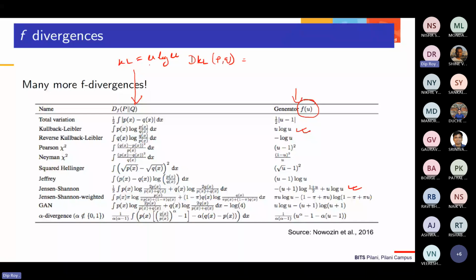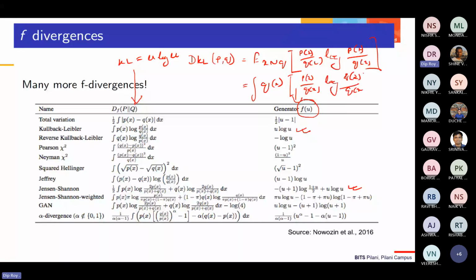What is this U? This U is nothing but the ratio of P of X by Q of X, right? So we'll take the expectation of X over Q and we'll say P of X by Q of X into log of P of X by Q of X. This is the form. Now this expectation I can write as the integral with Q of X. And now if I simply put in the values here, P of X by Q of X log of P of X by Q of X, what will happen?